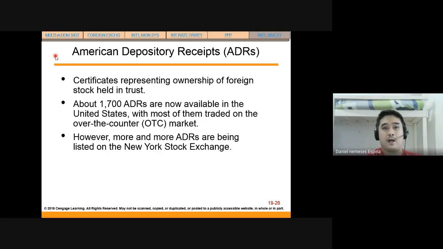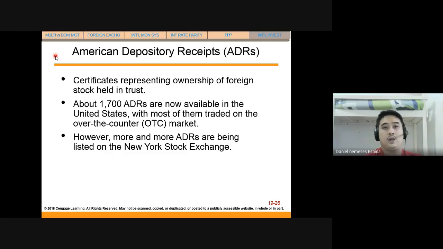Okay, the depository receipts do not give the owner the right to control or manage the business. They are buying those depository receipts simply because they want to have a share in the dividends.